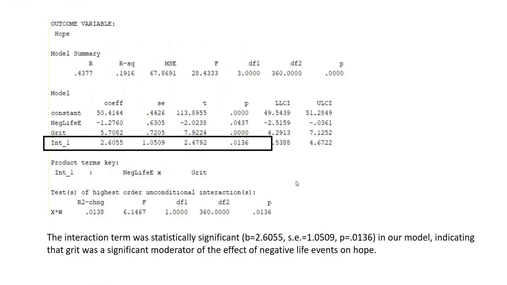Just going through some of the output right here, you can see our interaction term is statistically significant, which suggests that the predictive relationship between negative life events and hope is moderated by grit.